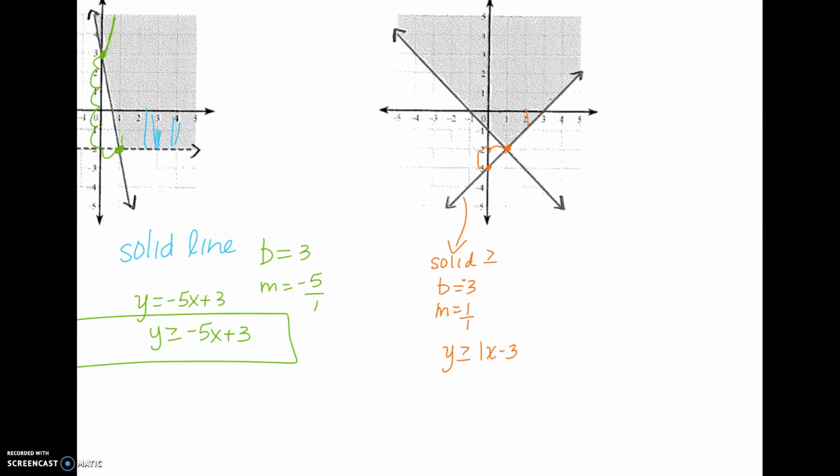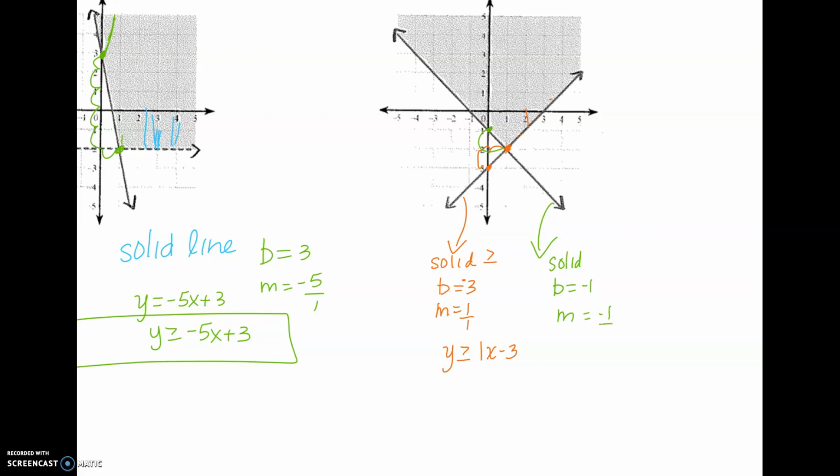Okay, now let's go to green for this other line. It's hitting at b equals -1. It's also solid, and we're going to figure out which direction in a minute. Let's look at this slope. We're going down 1, right 1.